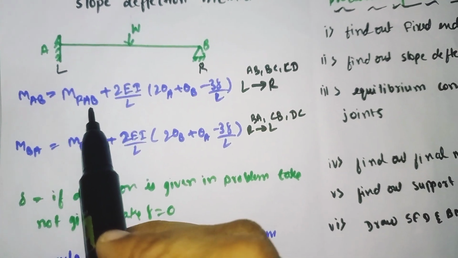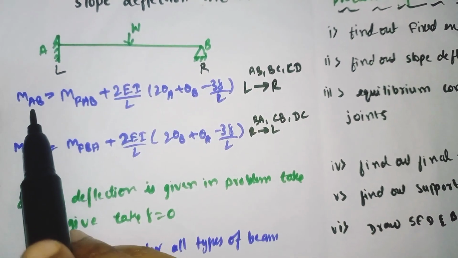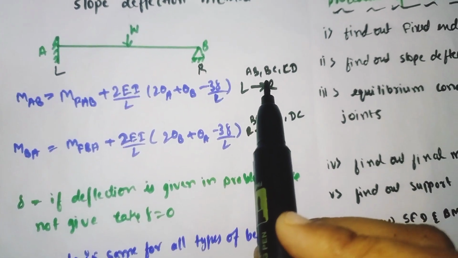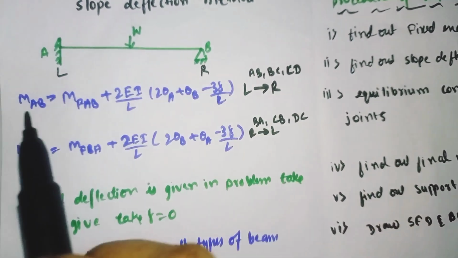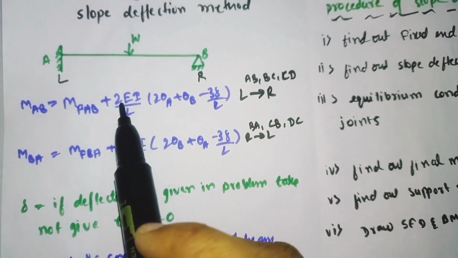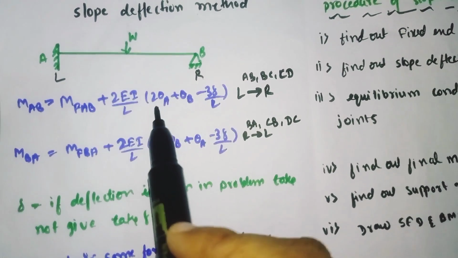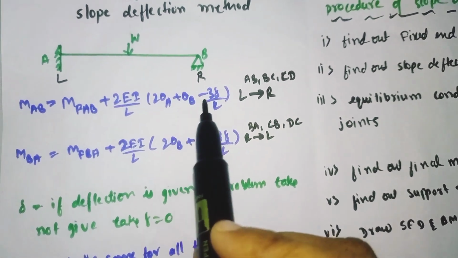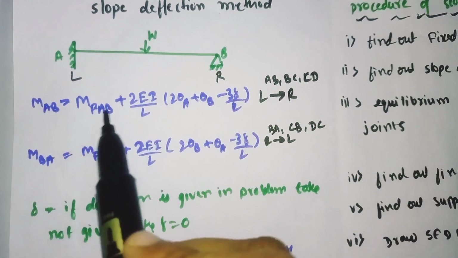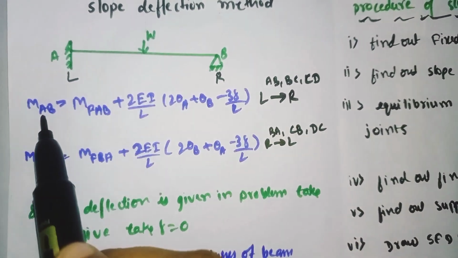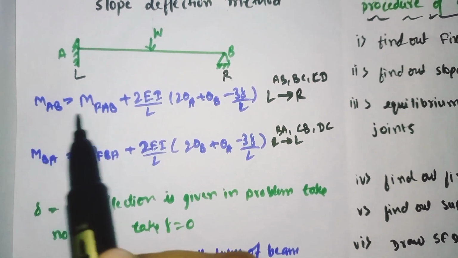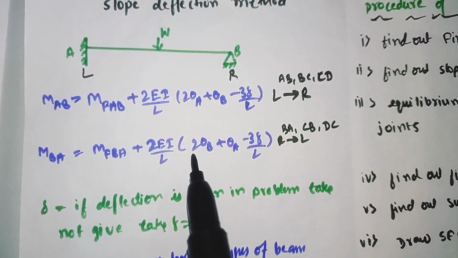Here also according to the span we need to change the alphabets from A to B or from B to C or C to D. If we want to calculate from B to C, here we need to apply MBC is equal to MFBC plus 2EI divided by L into 2 theta B plus theta C minus 3 delta divided by L. Here one more thing is, we need to multiply twice into the first alphabet, that is A. Here also we need to multiply.